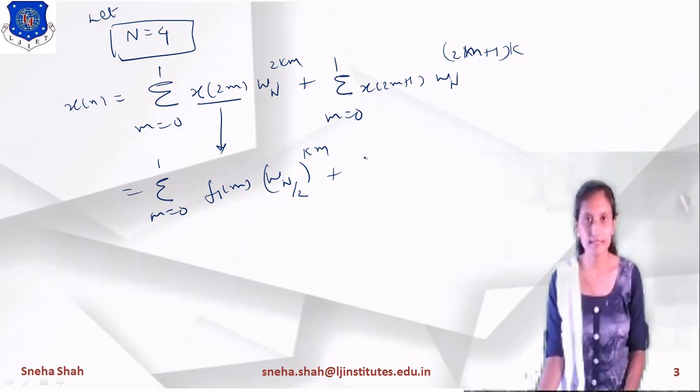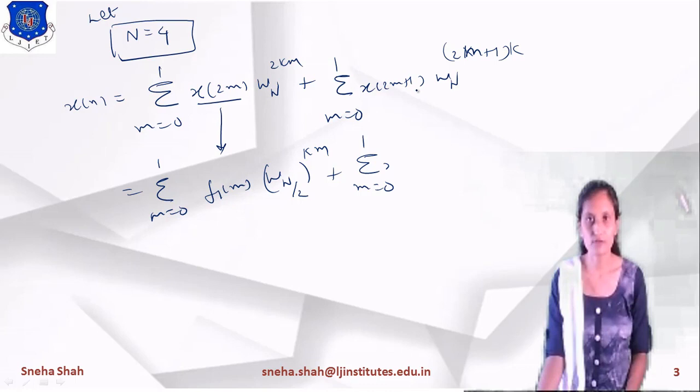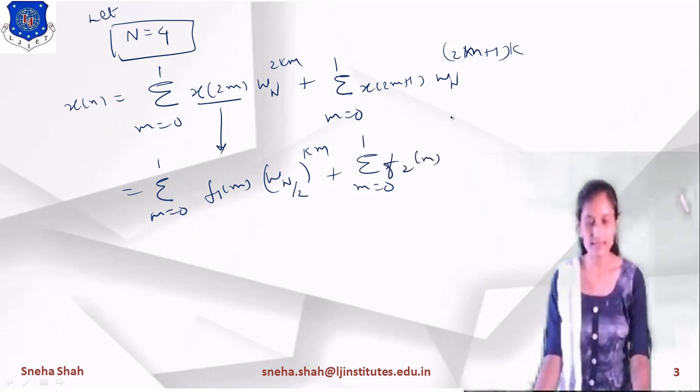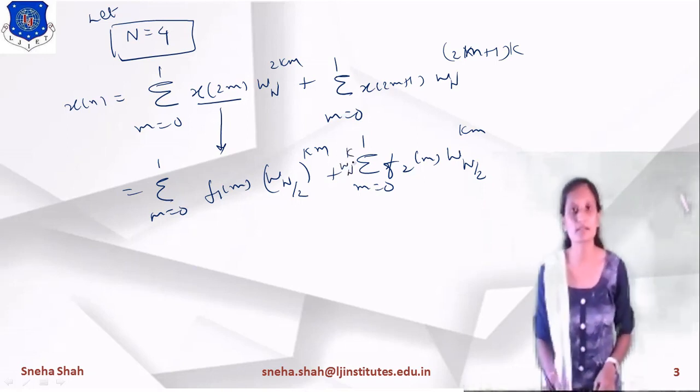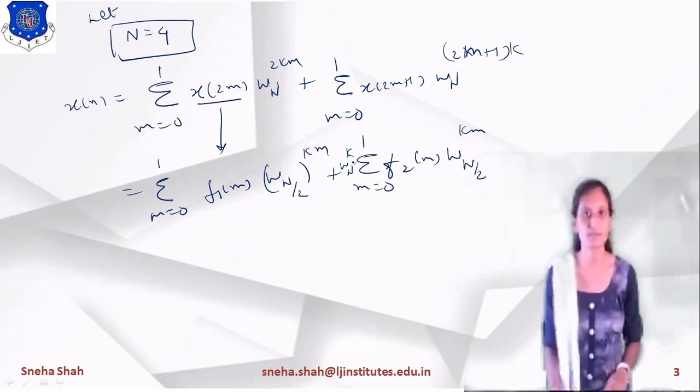Similarly, for the second one, summation n equals 0 to 1 x of 2n plus 1 means function 2, f2 of n, and this term will be represented as W_N/2 raised to kn. Because this factor is W_N raised to 1 into k, meaning W_N raised to k. As the summation is over n, I write W_N raised to k outside, because it's a constant, so it will be outside of this summation.